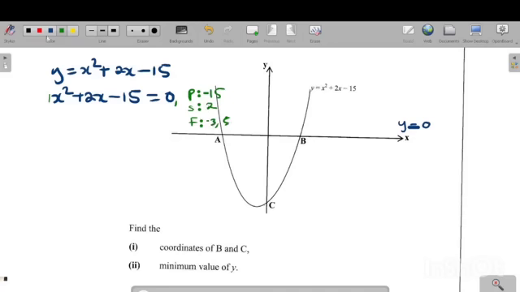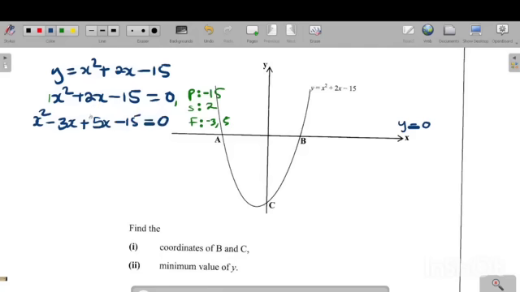Yes, we are getting a 2. So, these are the factors. So, what we are going to do is we'll have x squared, then minus 3x, then plus 5x, minus 15, is equal to 0.